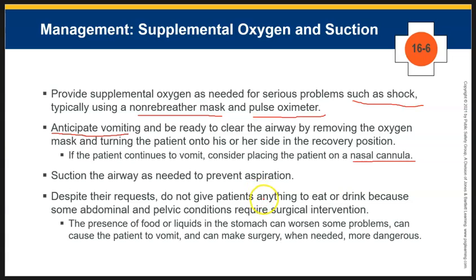Despite their requests, nothing to eat or drink just in case their particular condition requires a surgical intervention after diagnosis by a physician. The presence of food or liquids in the stomach could actually provoke some problems, cause them to vomit, and, as we just said, potentially make surgery much more dangerous.